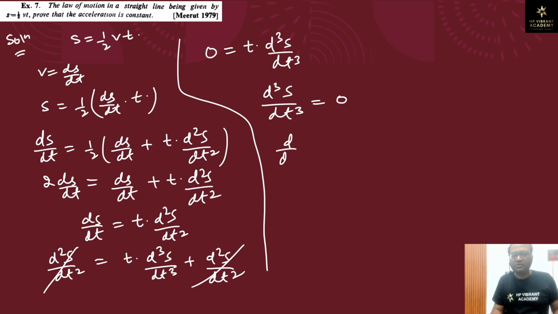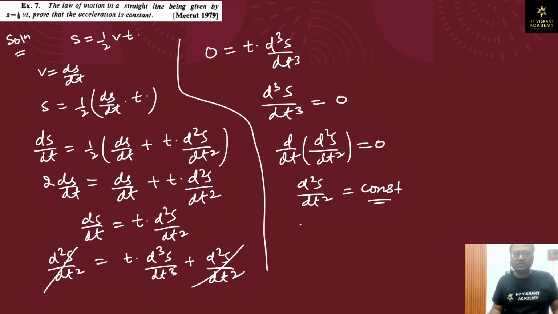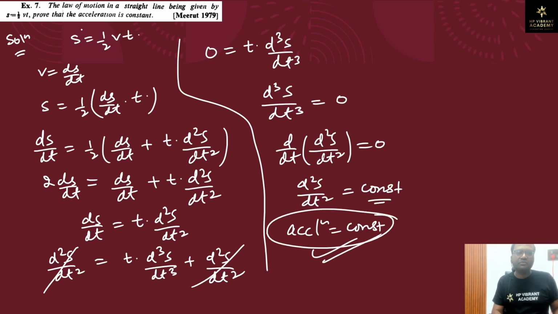This means d upon dt of d2s upon dt square is equal to 0. So differentiation of something is 0. This means d2s upon dt square is equal to constant. And d2s upon dt square is nothing but acceleration. So acceleration is equal to constant. This we have to show in the question. Prove that the acceleration is constant. So hence acceleration is constant. Okay. So let us discuss question number 8.